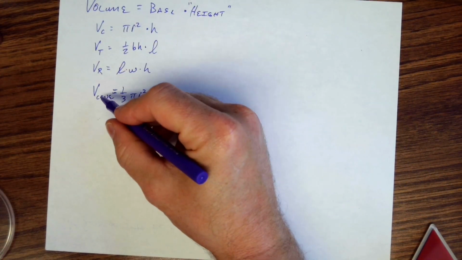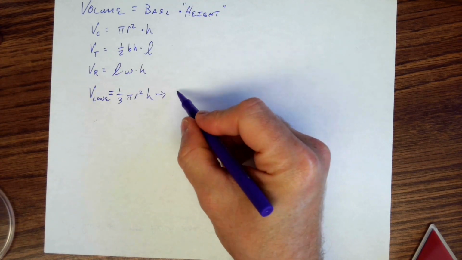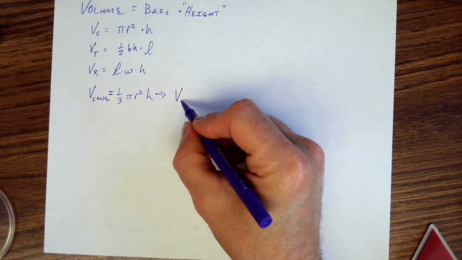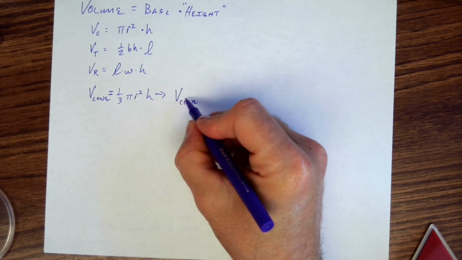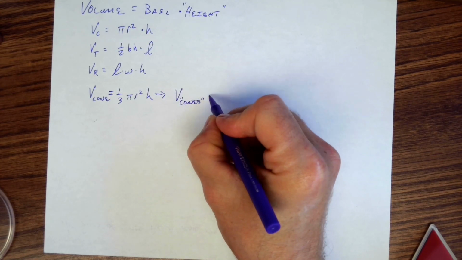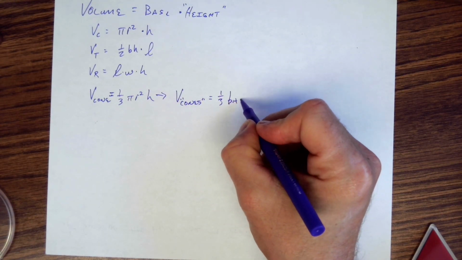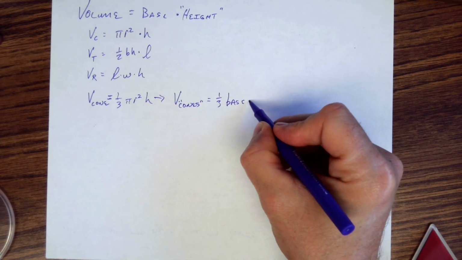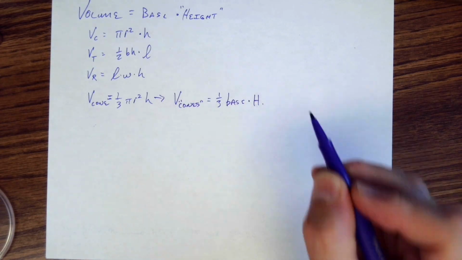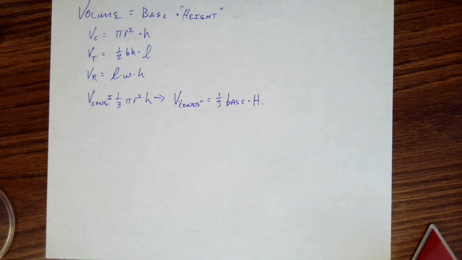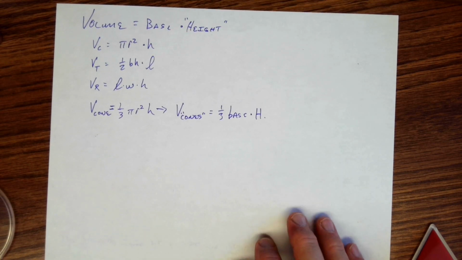So again, when you're dealing with these shapes here, the volume of these pyramids or these cones, and I put cones in quotes because we're also talking about the pyramids, is 1/3 the base times the height. Okay? And that's how we're going to do those. Those formulas really take care of all of them for you.